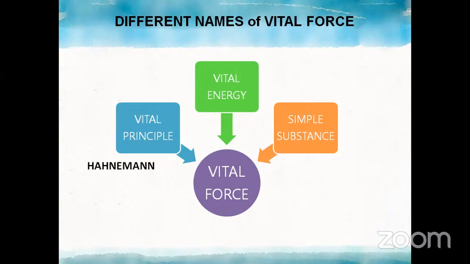And in the sixth edition, you can see that the nomenclature of that vital force has been changed to vital principle. But what he means by vital principle and vital force is one and the same. Likewise, there is a vital energy which Hering speaks of, which Boericke also tells of. And that vital energy is nothing else other than the vital force itself.